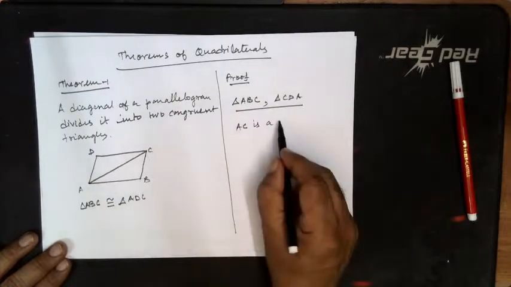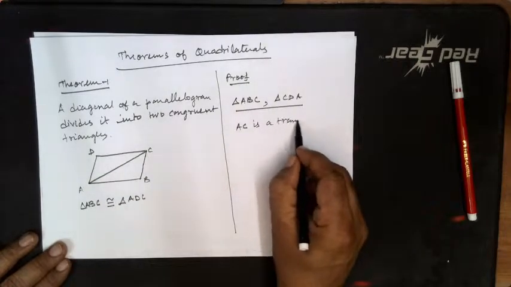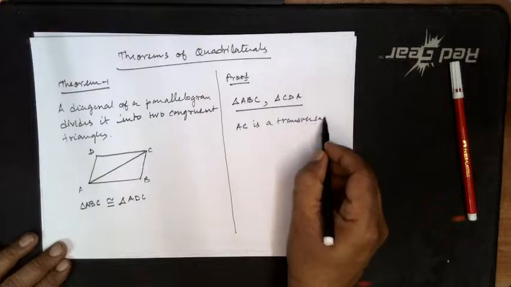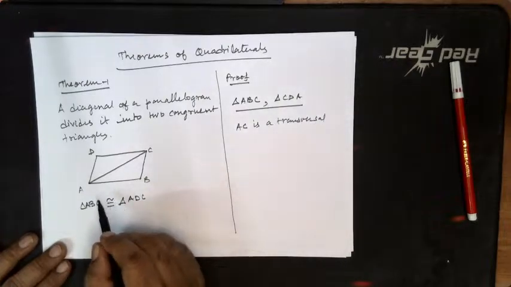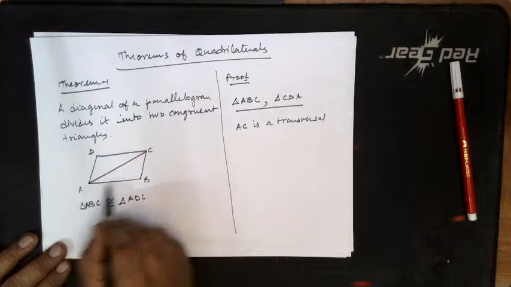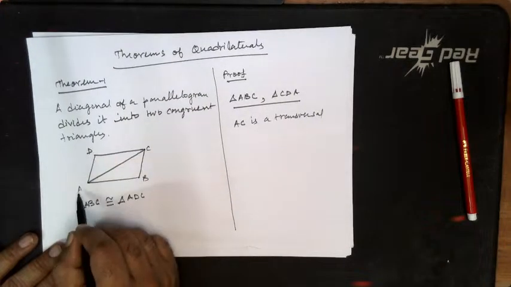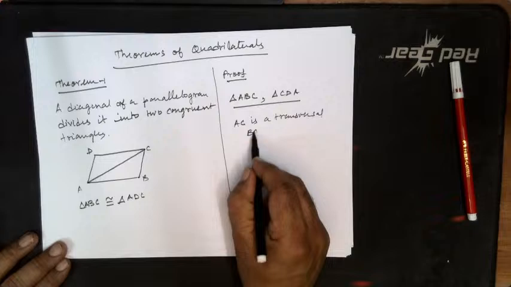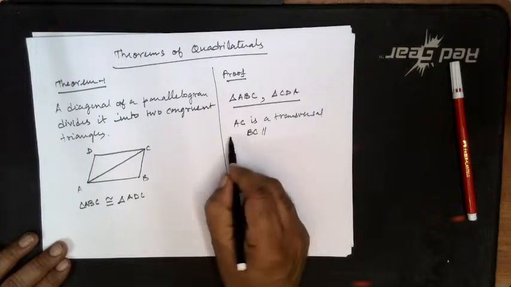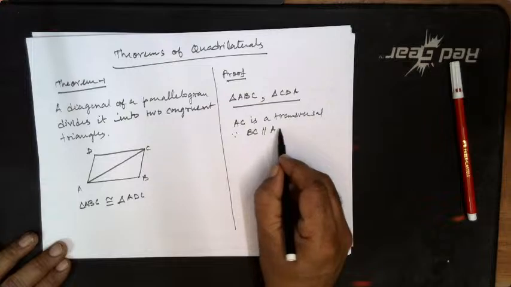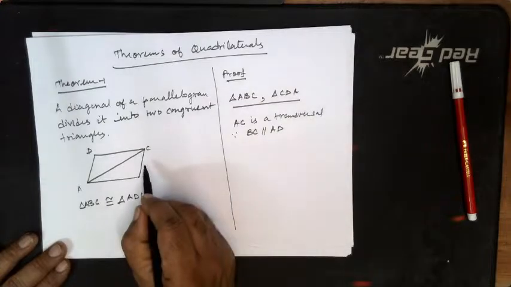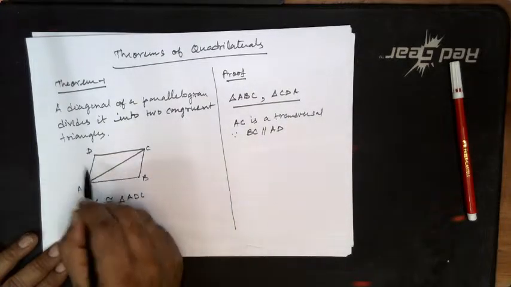Why? Because BC is parallel to AD. It means these two are parallel.